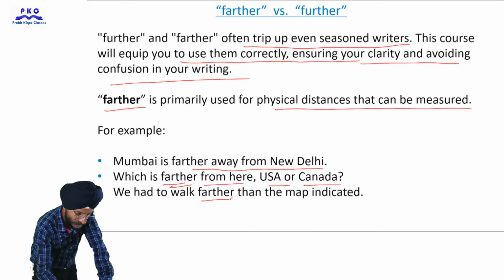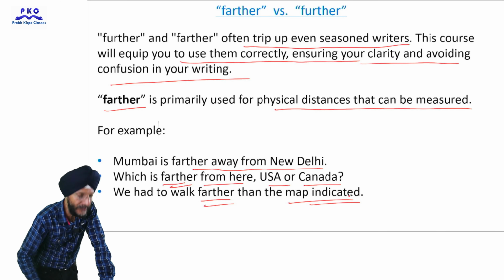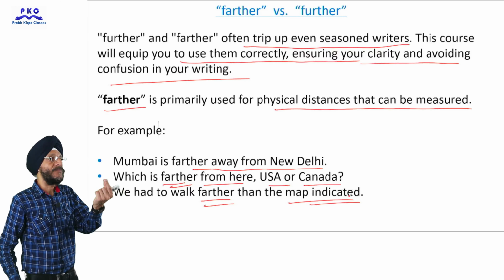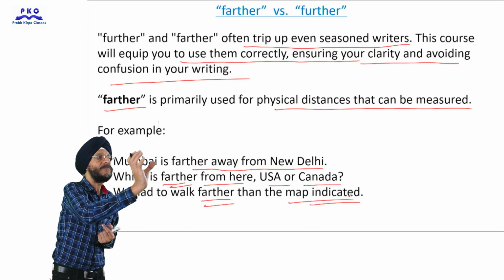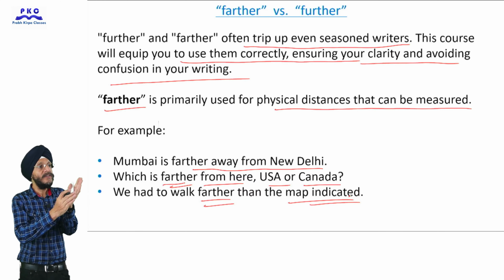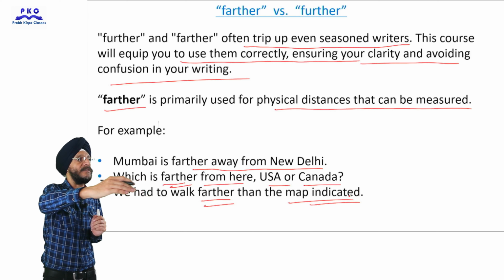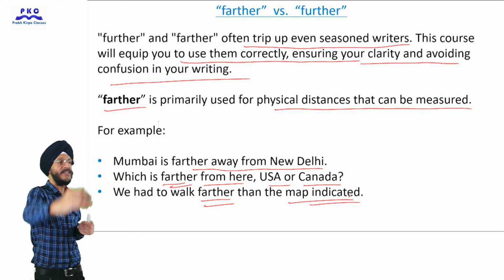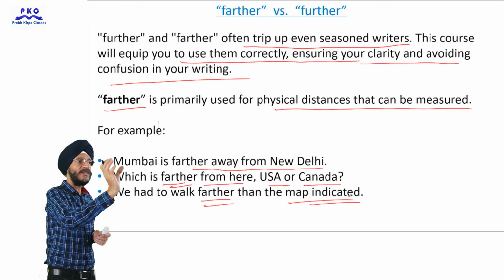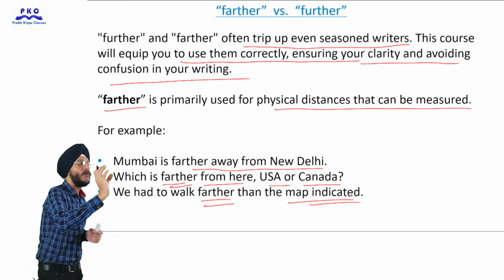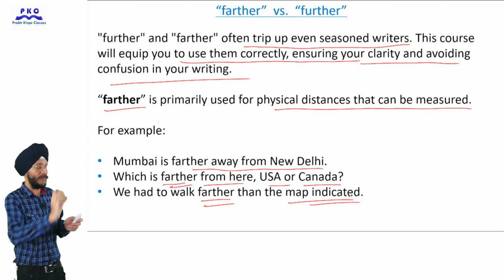We had to walk farther than the map indicated. It means that though the map indicated less distance, actually we had to walk more physical distance to reach the destination. So in case of physical distances, we use the word farther.